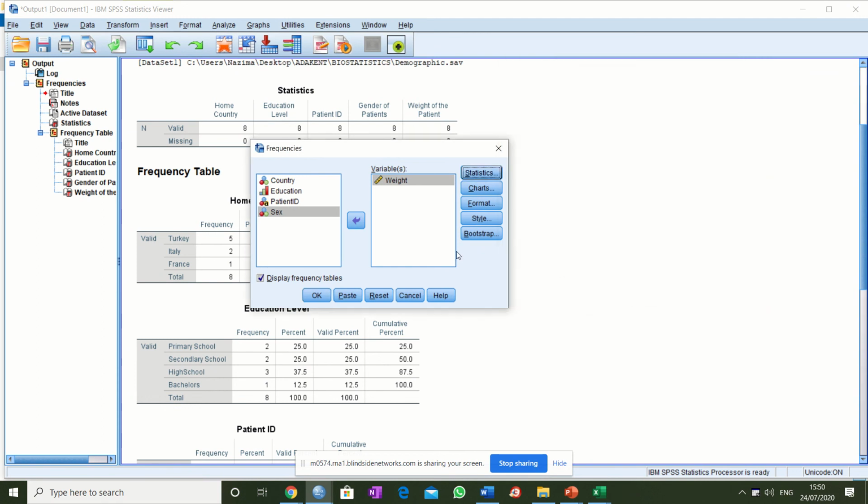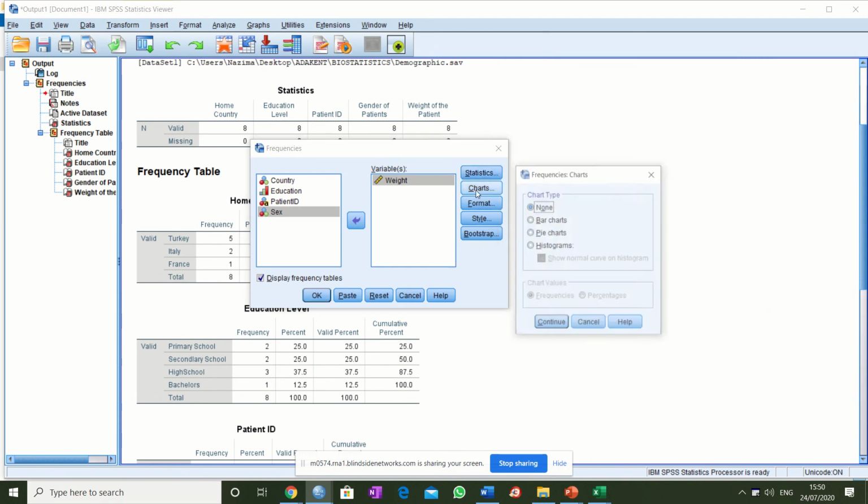I say continue. Now I am going to draw a chart also. The best way of knowing whether a distribution is normal or not is seeing its graphic. And here, histograms. I can choose from histograms. This is show normal curve on histogram, and we decide according to this histogram whether it's left skewed, right skewed, or normal.